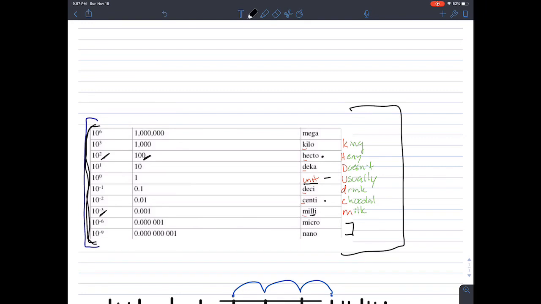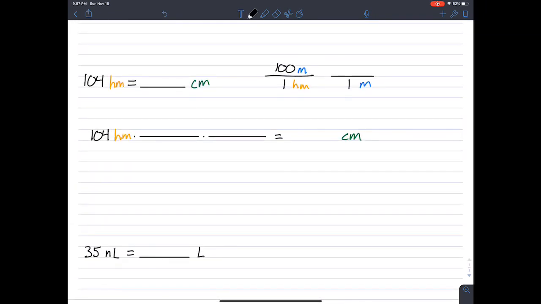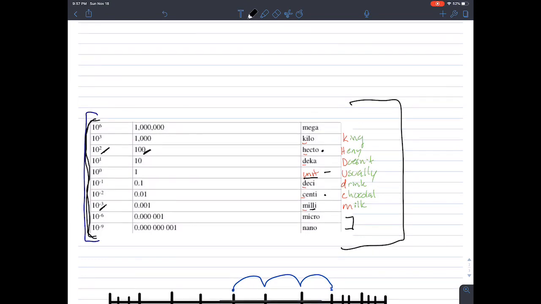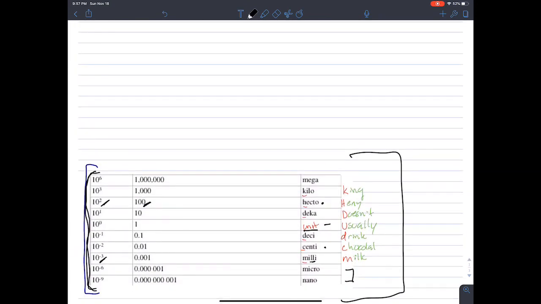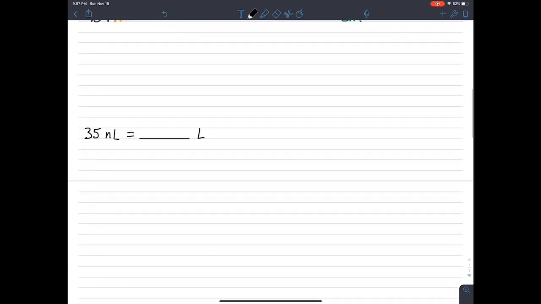Okay, so we could write this as 10 to the negative 2 meters per 1 centimeter. That would be an acceptable way. Just so you know that it is a correct way to do it, but that's not how I'm doing it here. Okay, so for every 1 meter, if it's 10 to the negative second meters per centimeter, that means you have to have 10 to the second centimeters per meter.